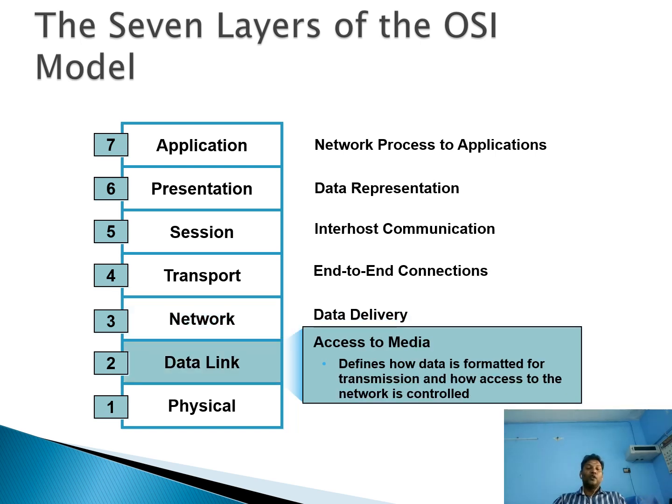Next, we move to the data link layer. Access to the media defines how data is formatted and transmitted, and how access to the network is controlled. The data link layer creates its header along with the headers of the above layers, that is the header of the data link layer, the headers of the network layer, transport layer, session layer, presentation and application, and then the user data.